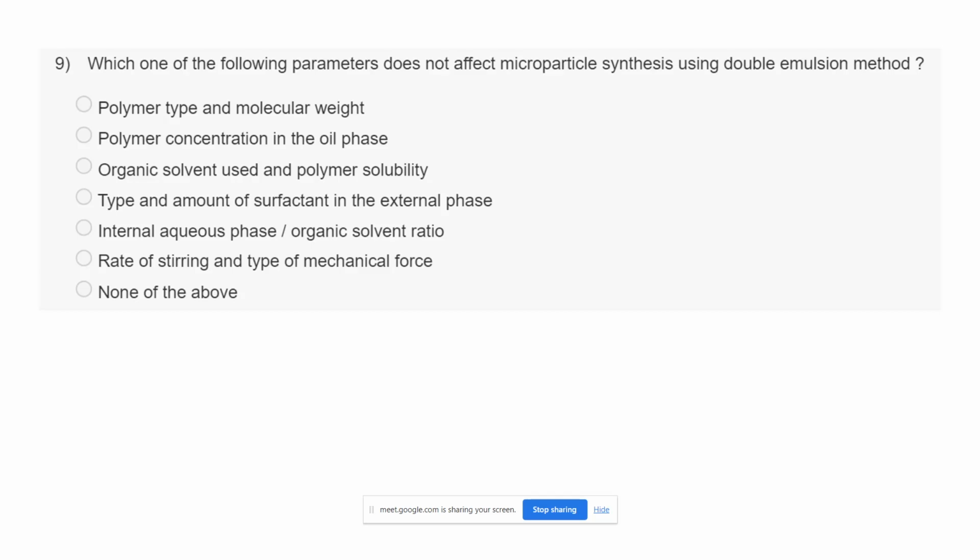Which of the following parameters does not affect microparticle synthesis using double emulsion method?